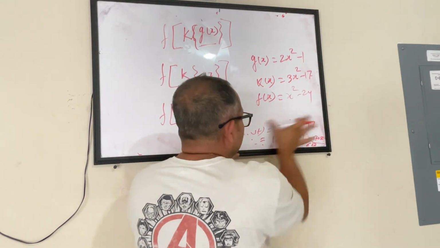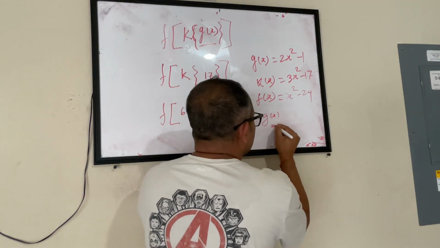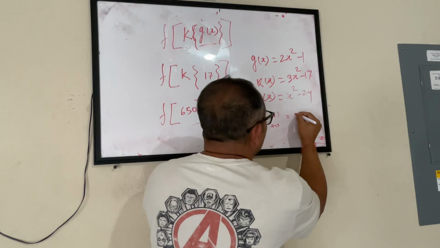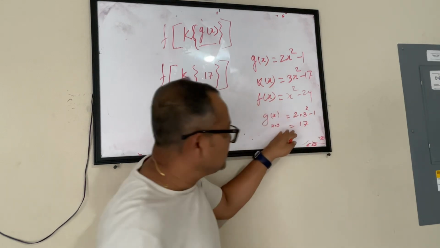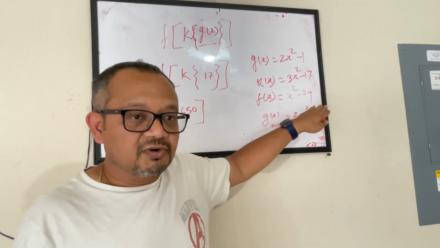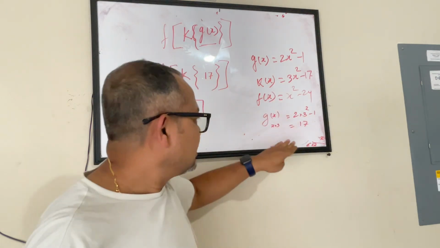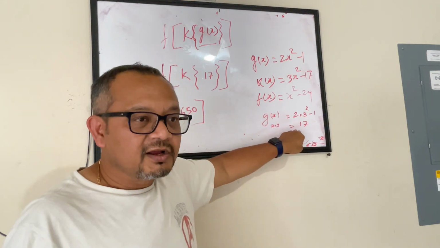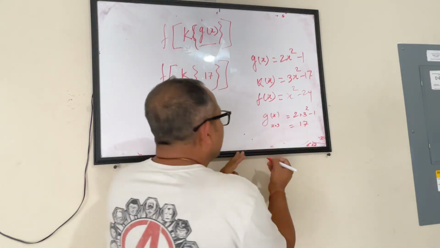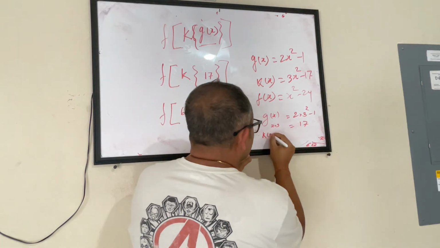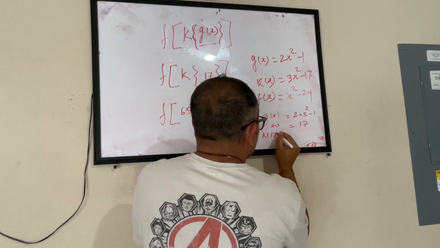So what is my value of g of x for x equals 3? Okay, I found it. 2 into 3 squared minus 1 is 17. So I got g of x is 17. Note it down. Don't rely much on mental math, because you might lose track of it, and then it might be difficult to trace it back. Now what is k of 17?